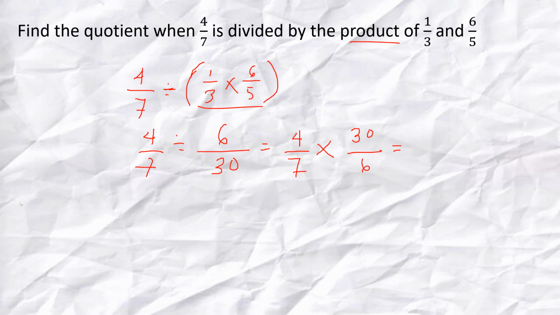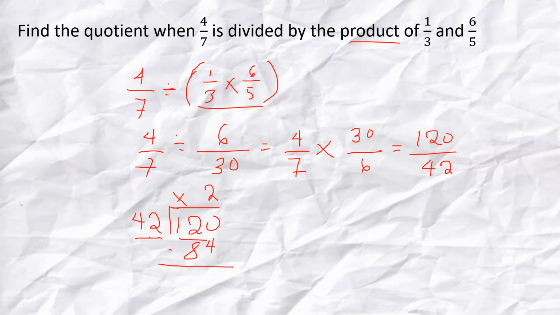We can now multiply the two fractions. So we have 4 times 30, that is 120, over 7 times 6 is 42. Let us now simplify 120 divided by 42. So we have 120 divided by 42 is 2. 2 times 42 is 84. 120 minus 84 is 36.